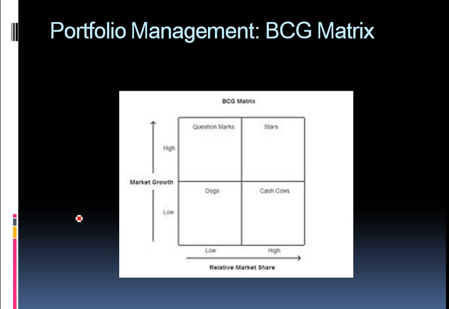Okay, the BCG matrix is a helpful framework to decide the field of a business. The BCG matrix has two dimensions: the market growth and the relative market share, that is, relative market position right now. The market growth is about the future, so high potential and low potential.